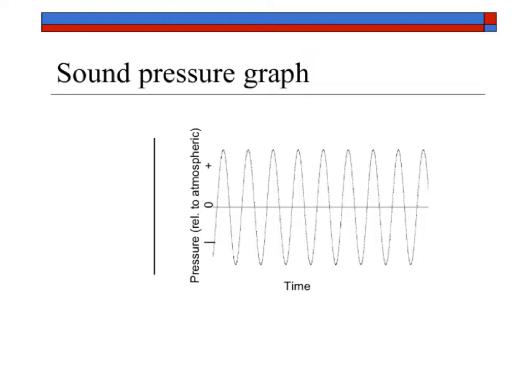So we see that the pressure alternately increases and decreases relative to atmospheric pressure, and this happens many times per second, hundreds or thousands of times per second, and that's what creates the impression of sound. At any given point, this pressure fluctuation is occurring above and below atmospheric many times per second. It's not always quite as neat as what you see here, but this is a pure sort of sound in which the fluctuations are very regular.